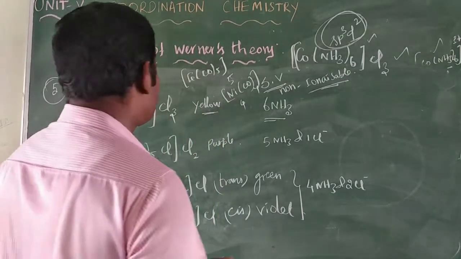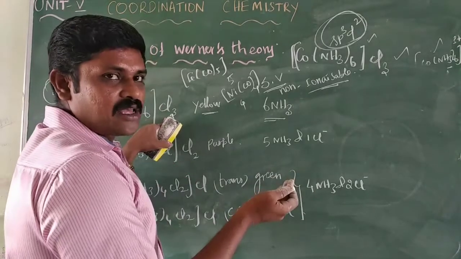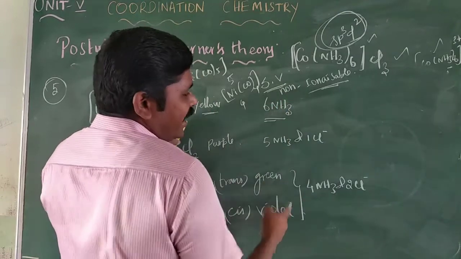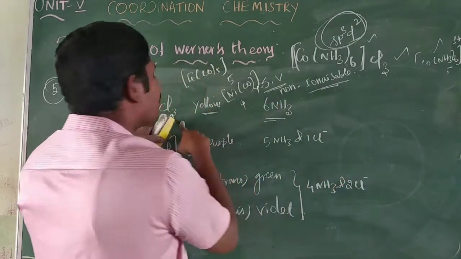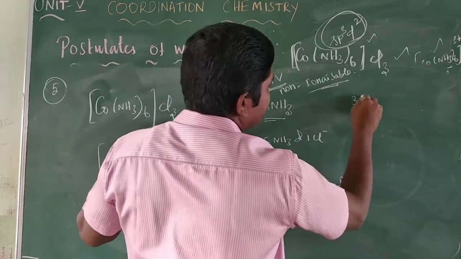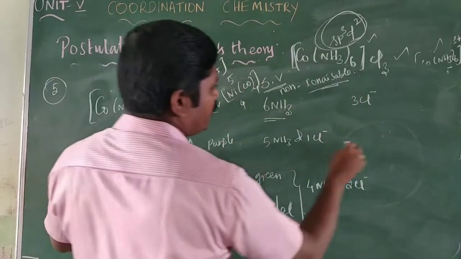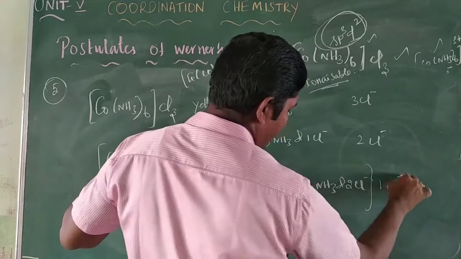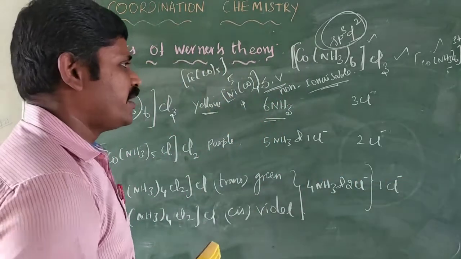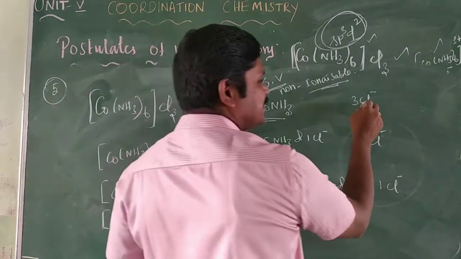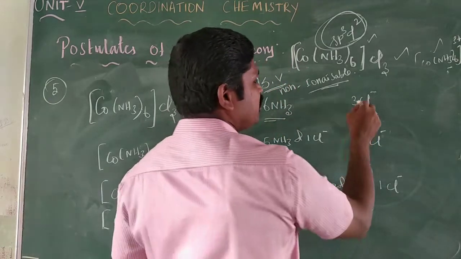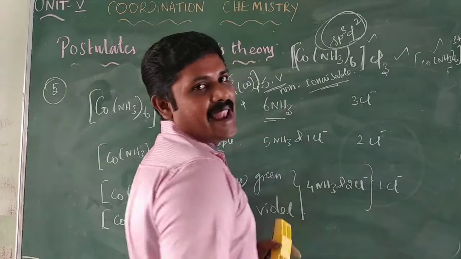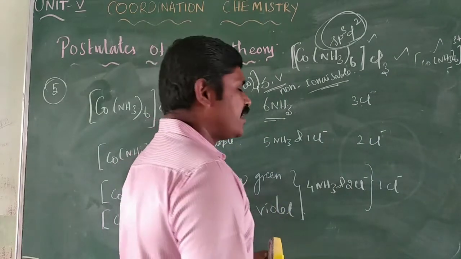The counter ions are ionizable: 3 Cl minus, 2 Cl minus, and 1 Cl minus. They are present in the outer sphere, the ionization sphere, so they are loosely bound to the central metal atom.